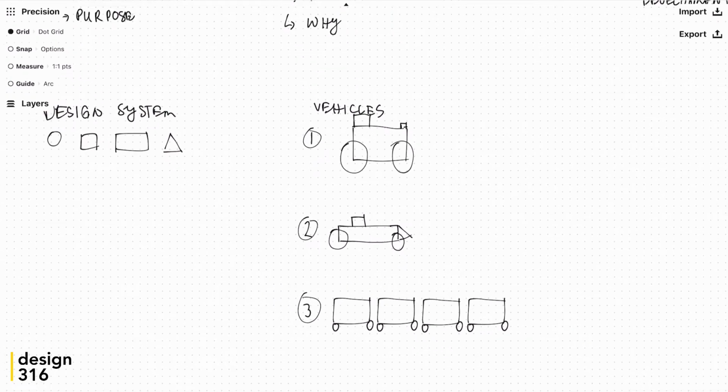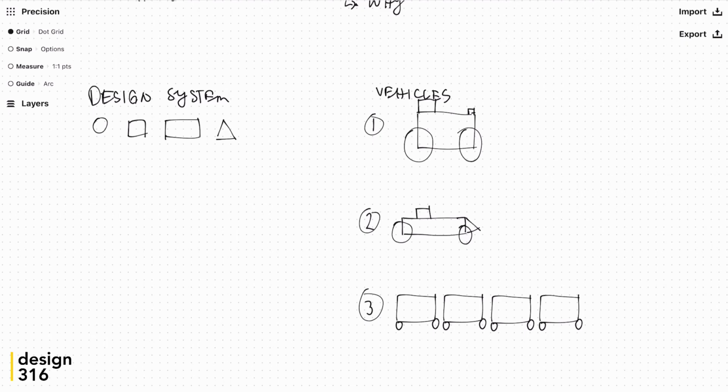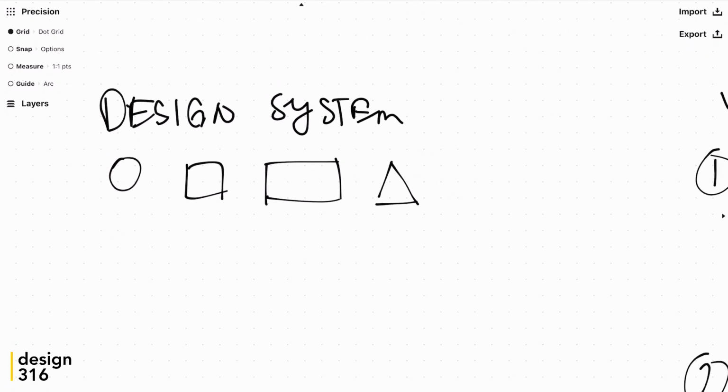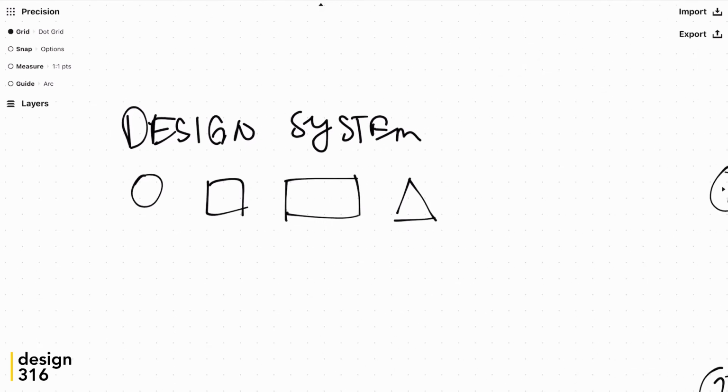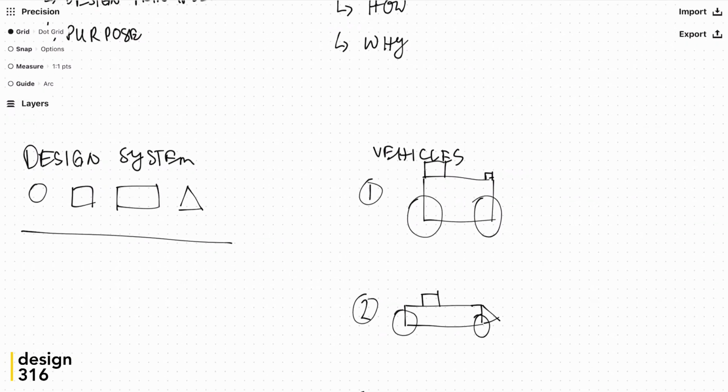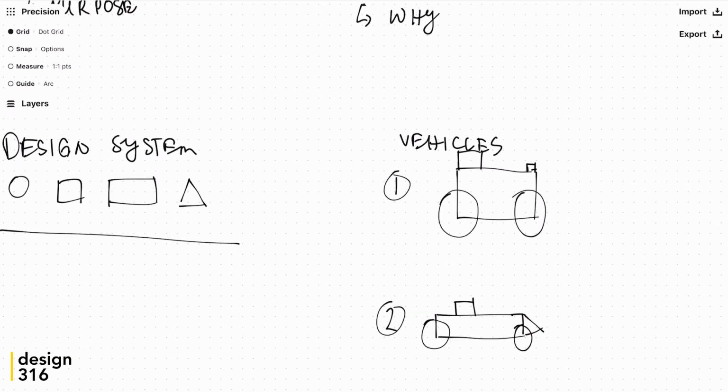Alright, then we've got a train designed for multiple passengers. Okay, so explain ko kung ano yung nangyari dito. Alright, so I started by creating basic design system, and it is composed of basic shapes. And then I use this existing library to create multiple products or vehicles. Alright.